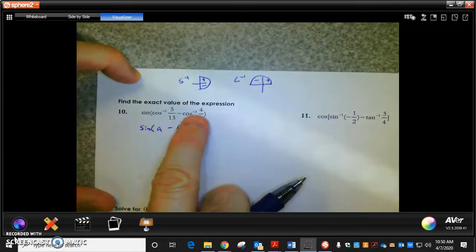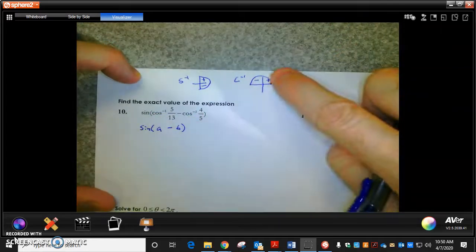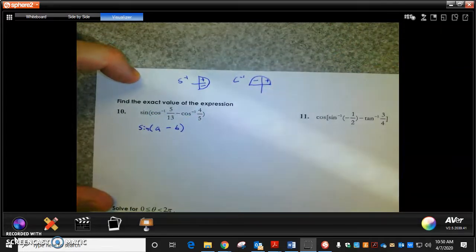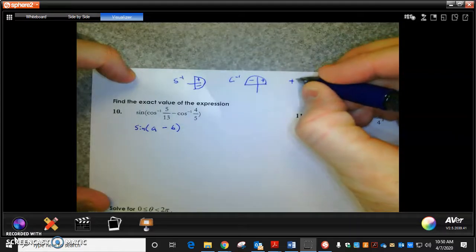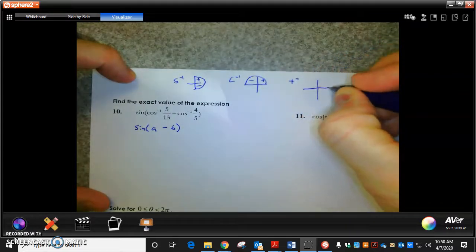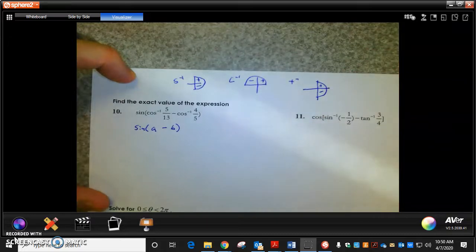These are both positive values, so hint, hint, that's where you're going to draw your angle. And if it's an inverse tangent, again, we're going to use quadrants 1 or 4, depending on whether it's the inverse tangent of a positive or a negative.